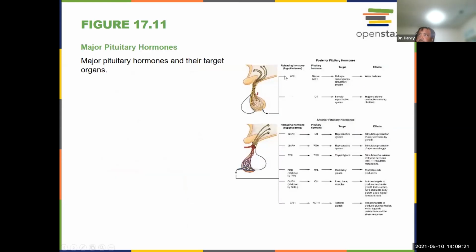And actually, hold on, one more. This one stands for gonadotropin releasing hormone.